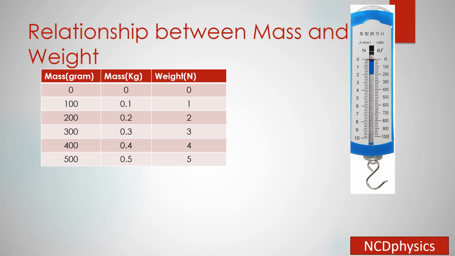At the beginning there is no mass suspended on the spring balance, so no weight is measured. On this side I have grams: 0 gram, 100, 200, 300, up to 1000 gram, meaning 1 kilogram I can measure.